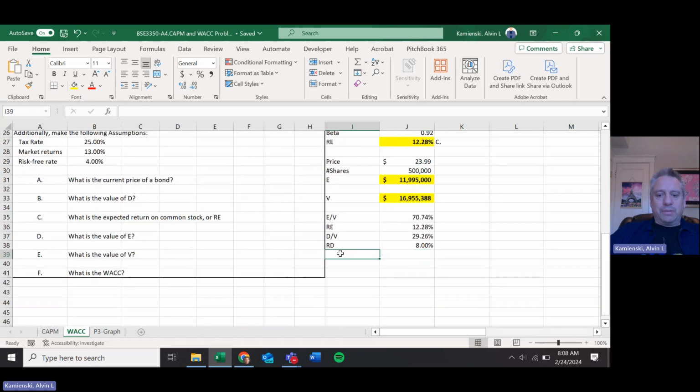And the tax rate was given to us in the problem as being equal to 25%. So these are all the components you need in order to calculate the weighted average cost of capital. So let's go ahead and for part F, which is here, do that based off of what we found over here in part E and what we found over here in part D.